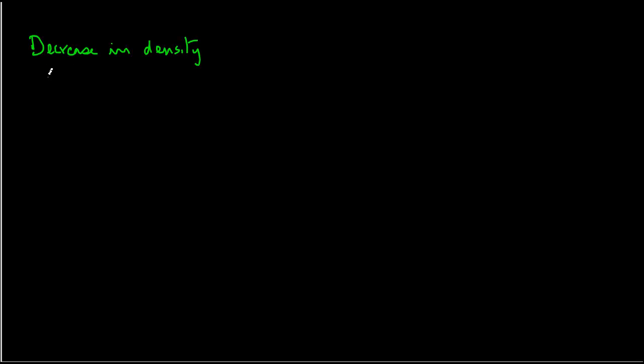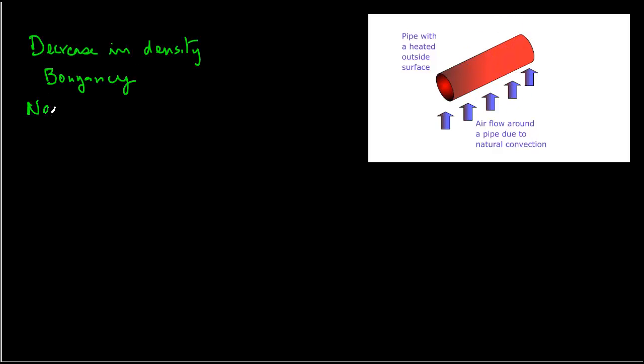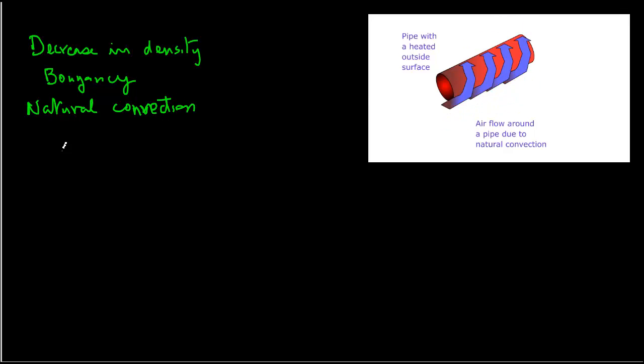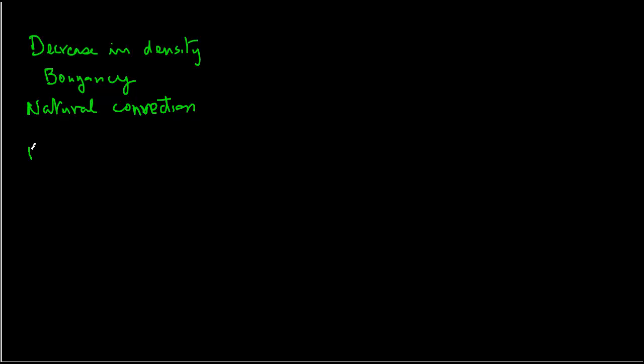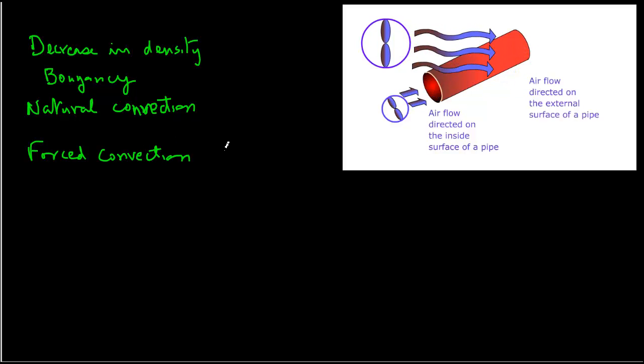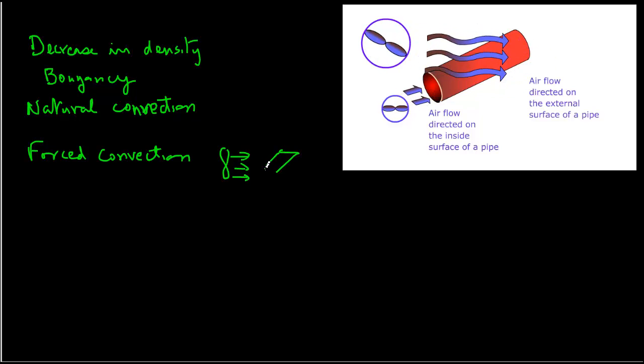Now this is called natural convection. In the second case, let's say that you use a fan or a blower to blow air on the heated plate. Now you are forcing movement of the fluid, and this is called forced convection.